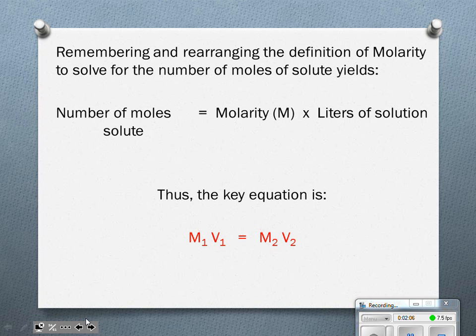Thus, my key equation for dilution is M1 V1 is equal to M2 V2. How am I able to do this? Well, it's because the number of moles are equal.